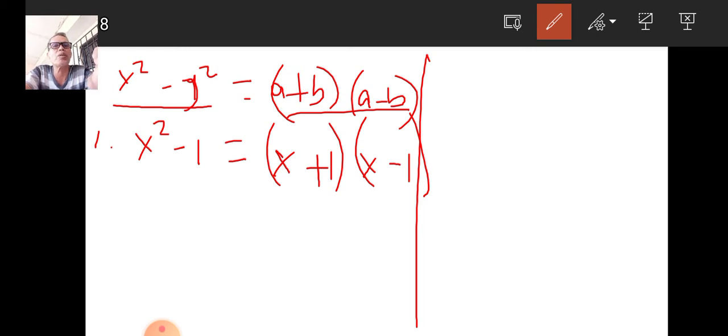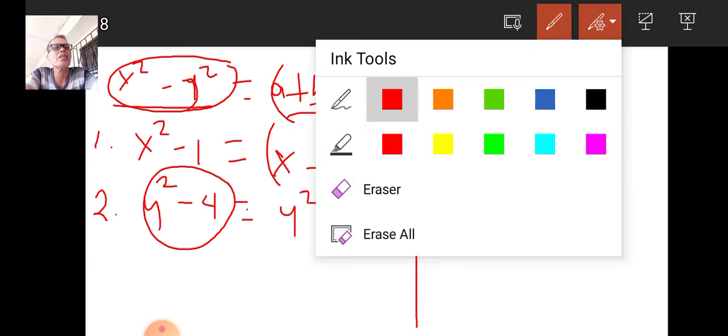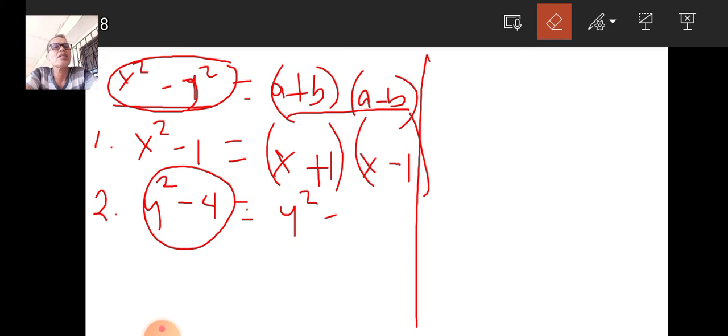Another example, for example, you have y squared minus 4. If you take it in the form of x squared minus y squared, you will have y squared minus 2 squared.